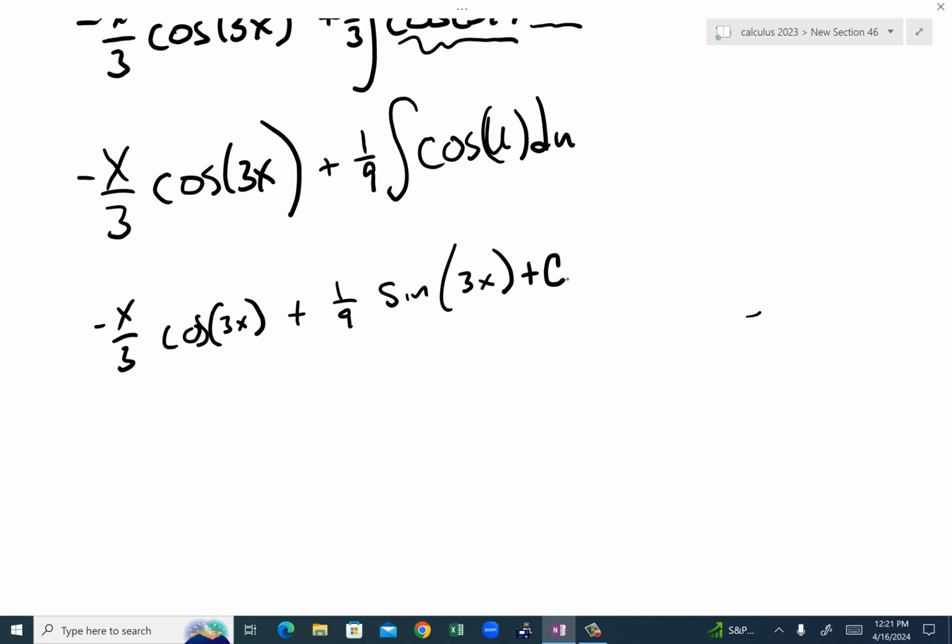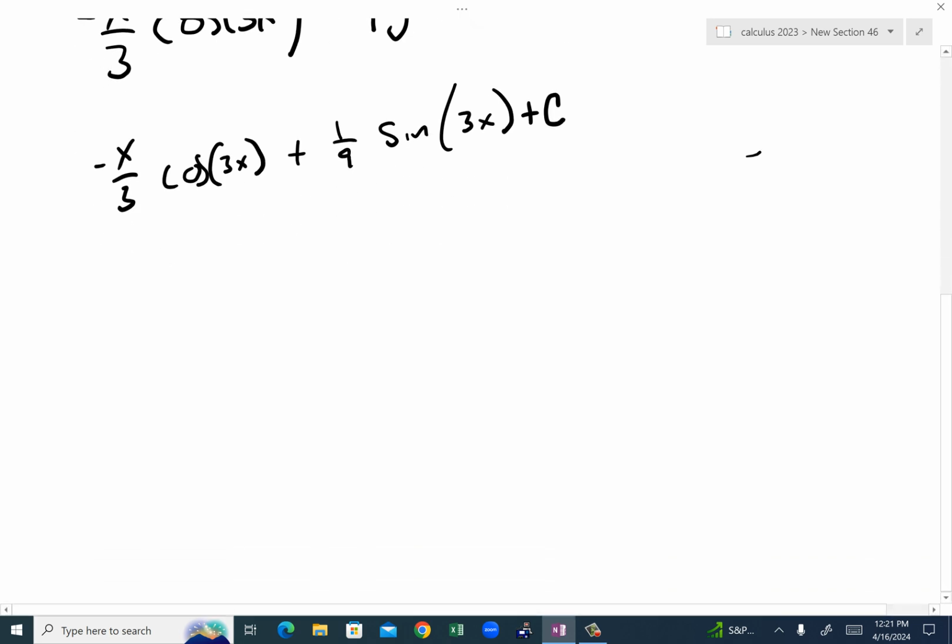I'm still not 100% convinced this is the right answer. Let's take the derivative. Shall we? Let's do it together. What is the derivative of this? This is, again, product rule, yes? So what's the derivative of x over 3? It's negative 1/3 cosine 3x. Plus negative x over 3.